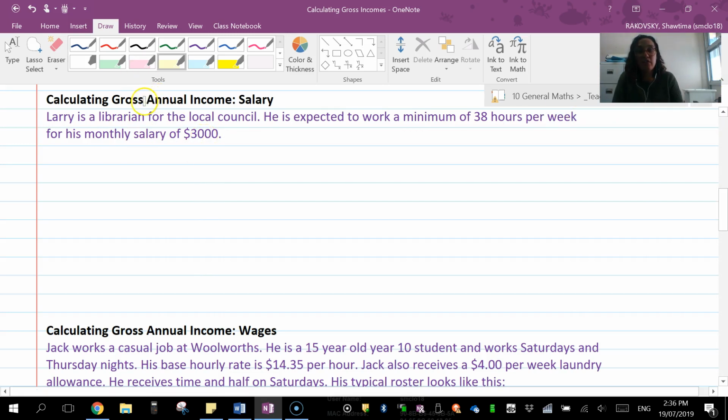But we're actually looking for gross annual income, and we're going to use the monthly salary of $3,000 to calculate that. So to calculate annual, we know how much is in 1 month, and we go 1, 2, 3, and so forth. But instead of doing that, we're going to go annual equals your monthly rate or salary times 12.